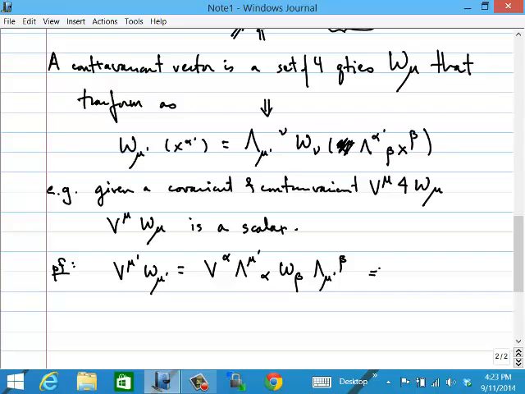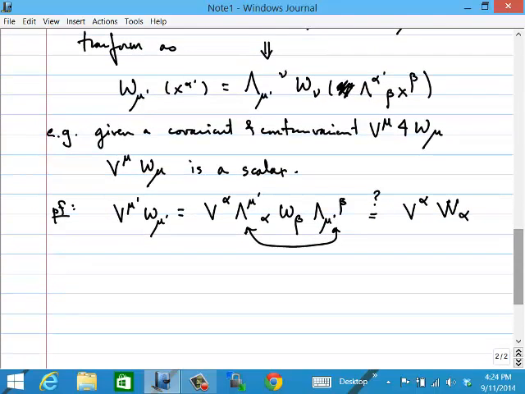And the question is whether this is equal to V alpha W alpha. Indeed, to show that, we can just use the defining relation for these Lorentz transformation matrices. So lambda mu prime alpha lambda mu prime beta is in fact just delta alpha beta, where delta alpha beta is the Kronecker delta symbol.